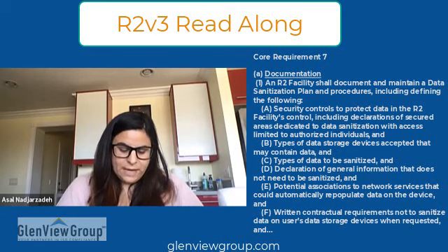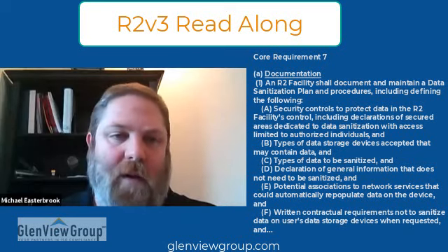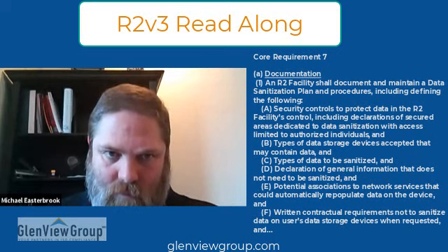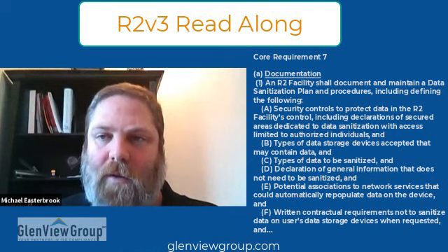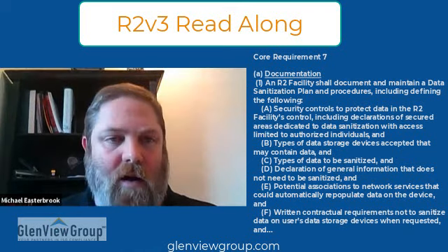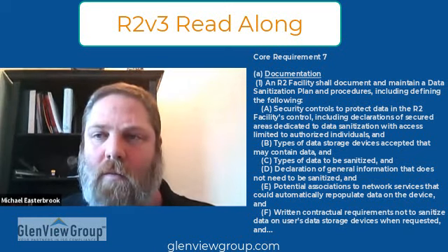1C, the types of data to be sanitized. So this is all just different types of various data that could be on devices. It could be from a hard drive to an SD card or various other media.